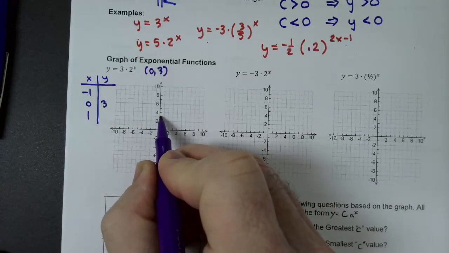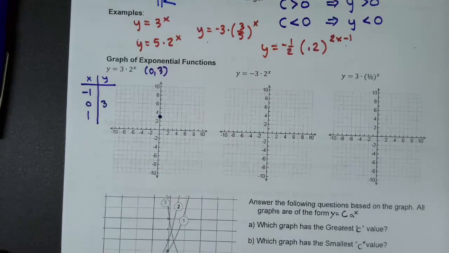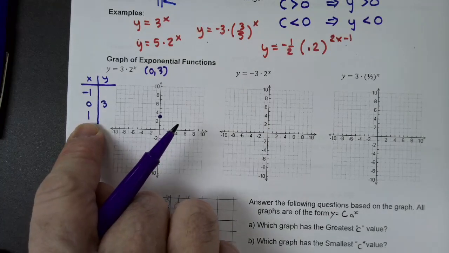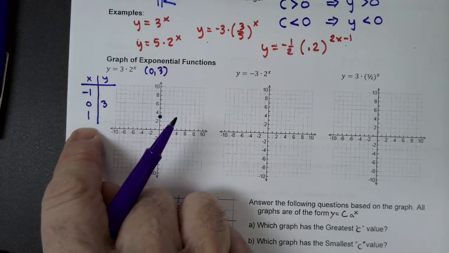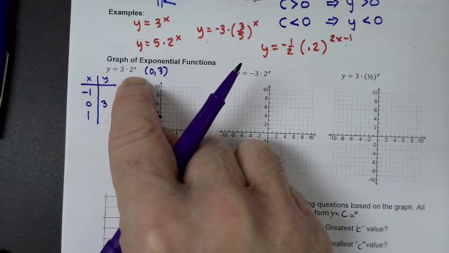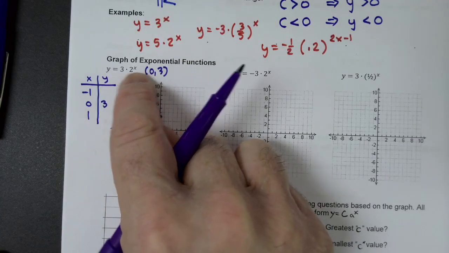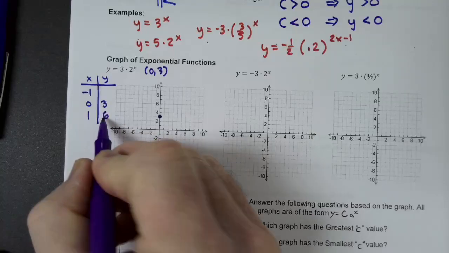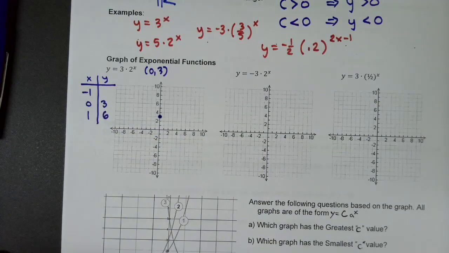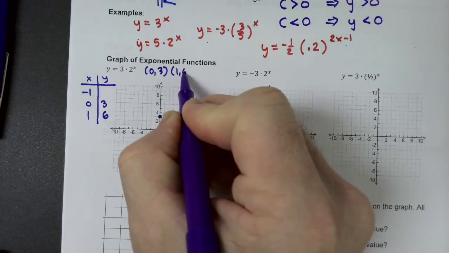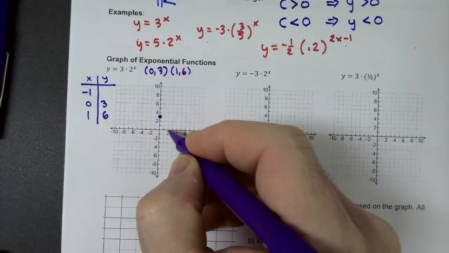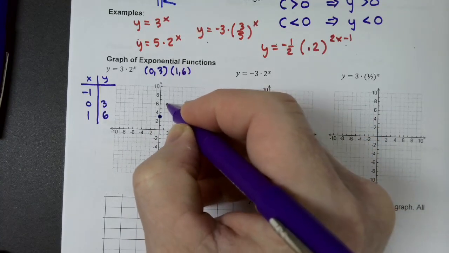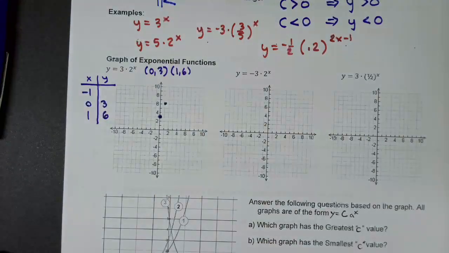That's going to be the y-intercept right here. The other easy one is when x is 1, that means this will be a 2 to the first power, or 2, times 3, which gives us 6. So we know it's going to go through 1, 6. Go to the right 1, and then we'll be up at 6.